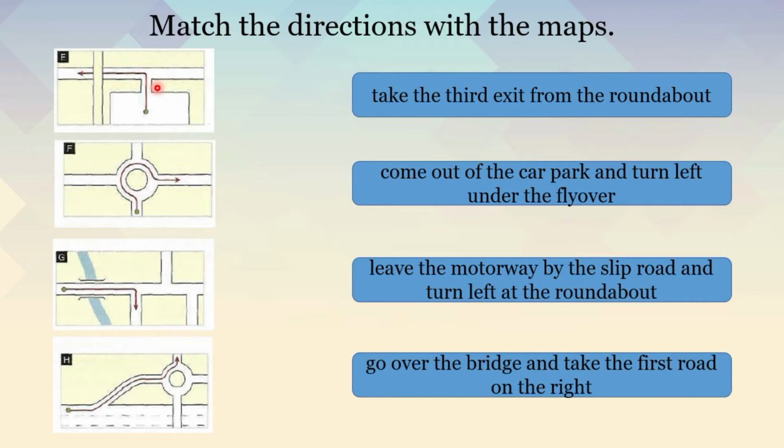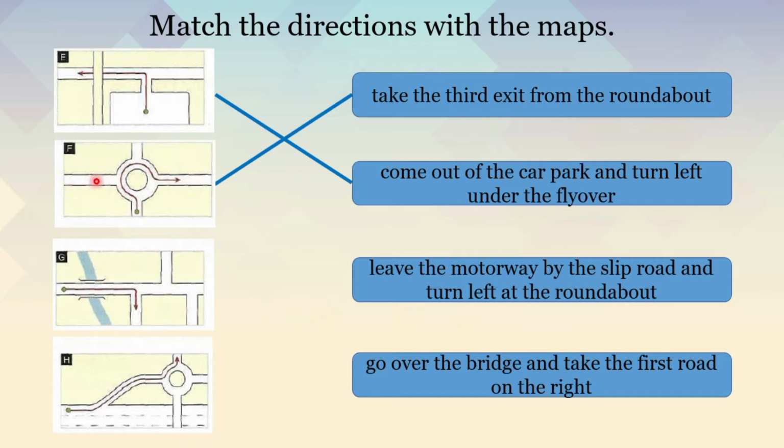Good, let's check the answers. Come out of the car park and turn left under the flyover. Great. F. Take the third exit from the roundabout.